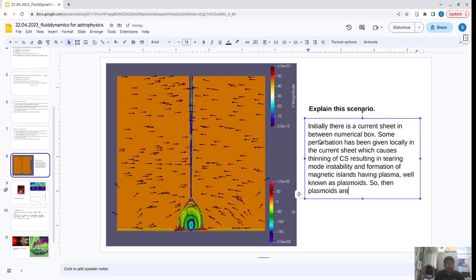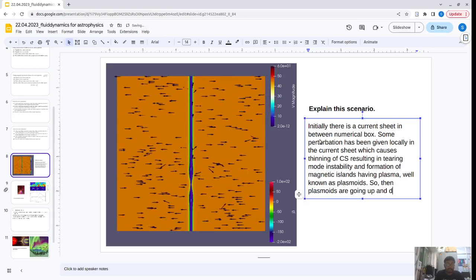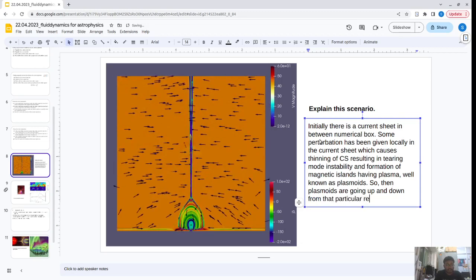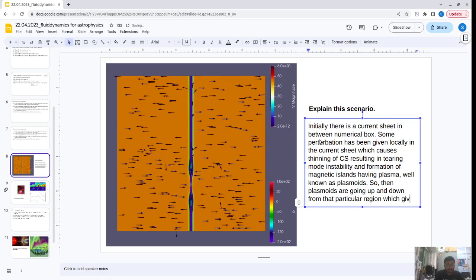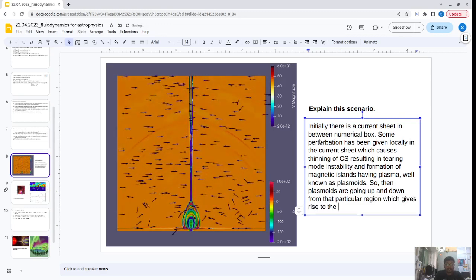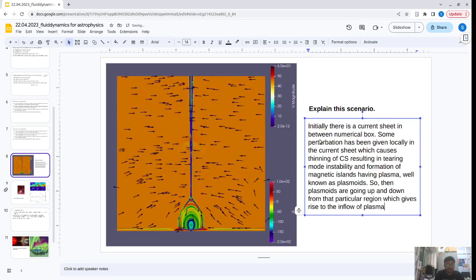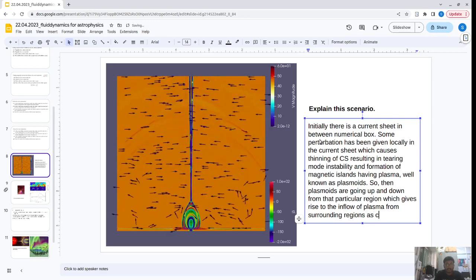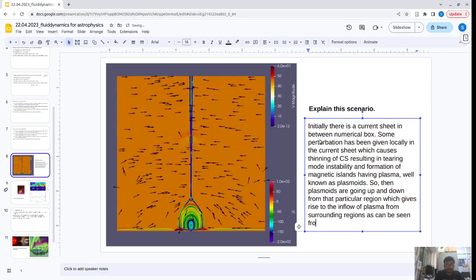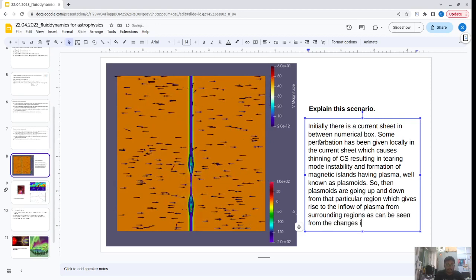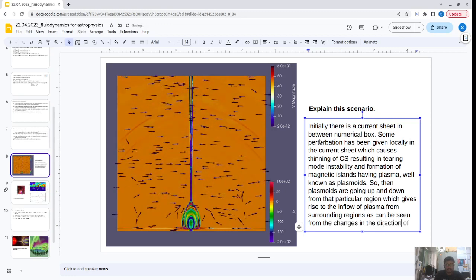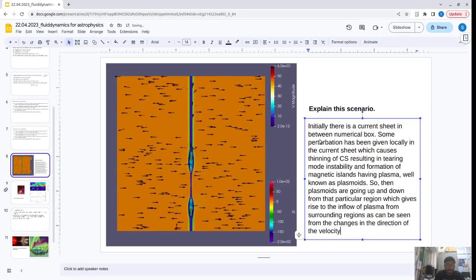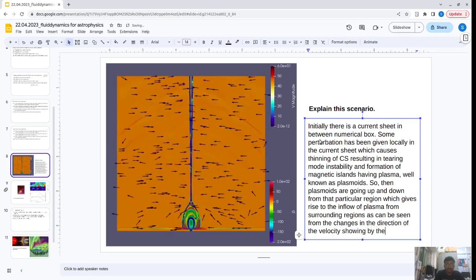Okay, so then plasmoids are going up and down from that particular region, right, which gives rise to the inflow of plasma from the surrounding regions, as can be seen from the changes in the direction of the flow, the direction of the velocity shown by the arrows.